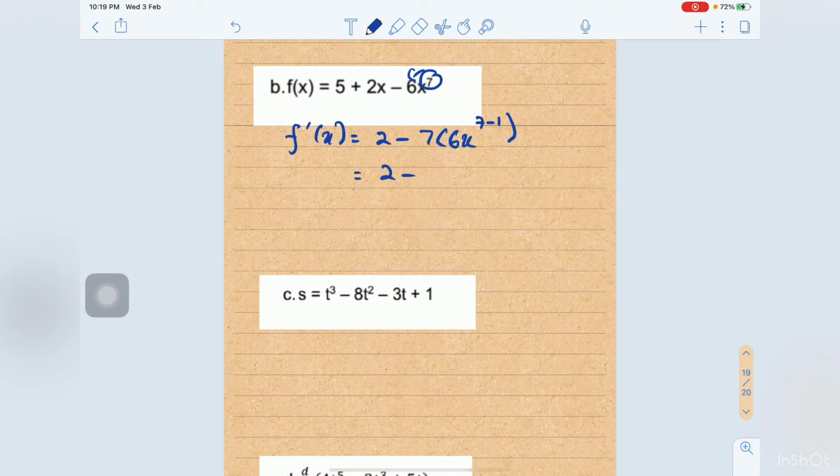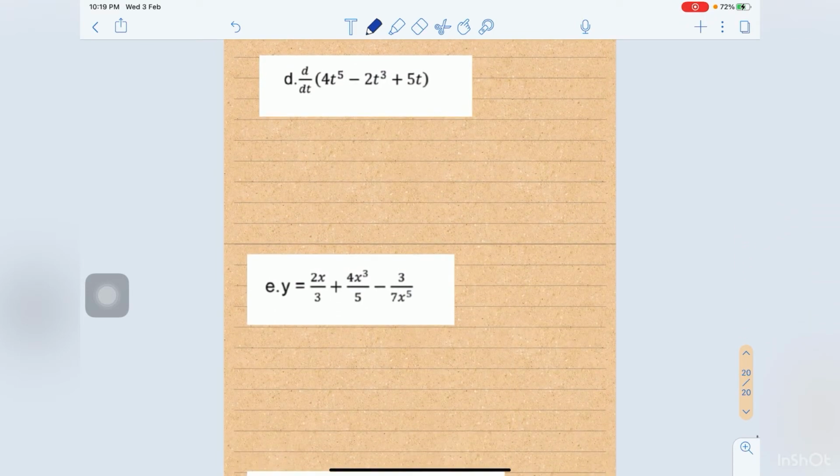So 2 minus 42x power of 6. Okay, next, s in terms of t, get ds/dt. So 3t squared minus 16t, no need to write power of 1, minus 3 plus 0.